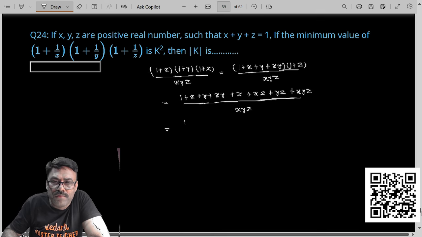Now I'm getting 1. Then I'm getting x plus y plus z, which is again 1. Then I'm getting xy plus yz plus zx plus xyz by xyz.